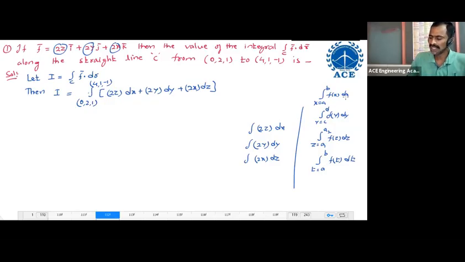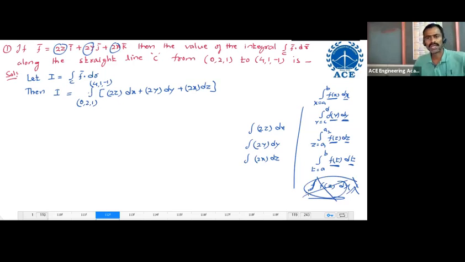So whenever it is with respect to x, it should be a function of x; with respect to y, a function of y; with respect to z, a function of z; with respect to t, a function of t only. We have only this type of integrals. We don't have an integral of a function of some other variable with respect to another variable, not till now.